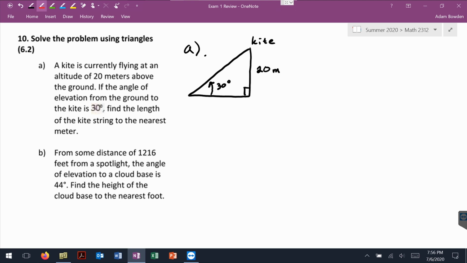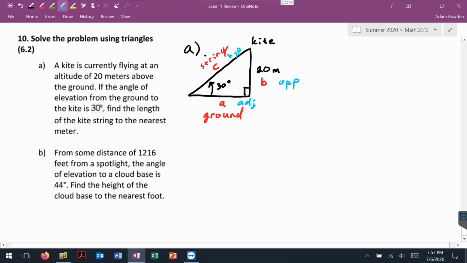We'd like to find the length of the string connecting to the ground. So I'll just label my sides here A, B, and C. And so we know that we have the side adjacent, side opposite, and the hypotenuse here.